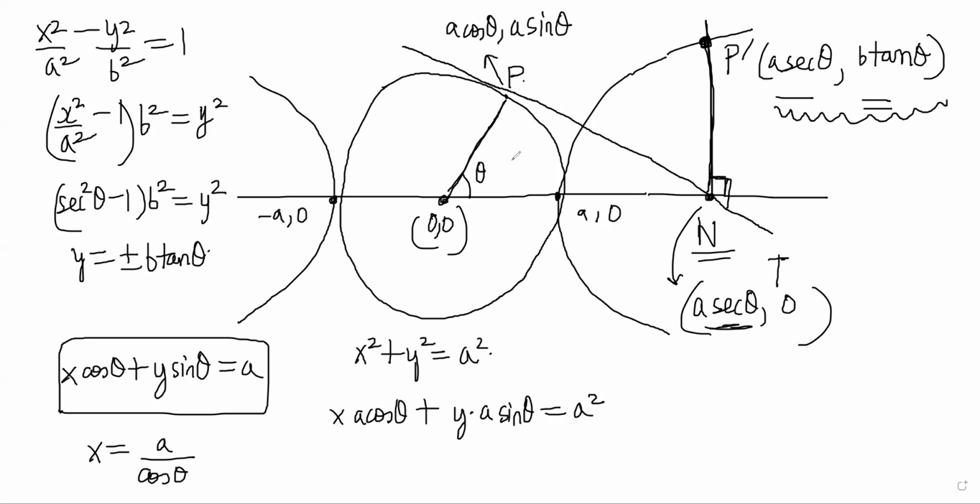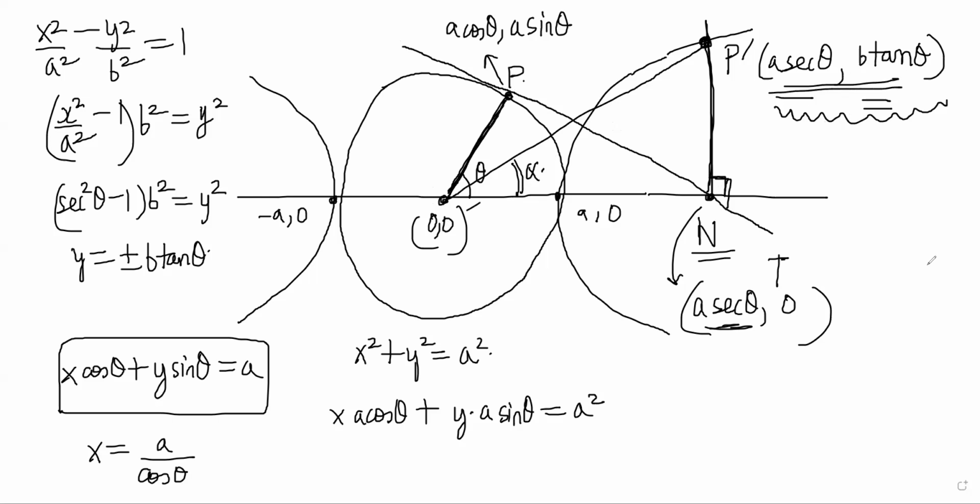So understand that for the point on the hyperbola, a sec theta comma b tan theta, this angle from O to P is not theta. You don't need to confuse this angle with theta. This angle is some other angle alpha, right? The angle theta is referred to a point on the auxiliary circle at which you draw a tangent which meets the transverse axis at N, and then you draw a perpendicular and find this point, right?